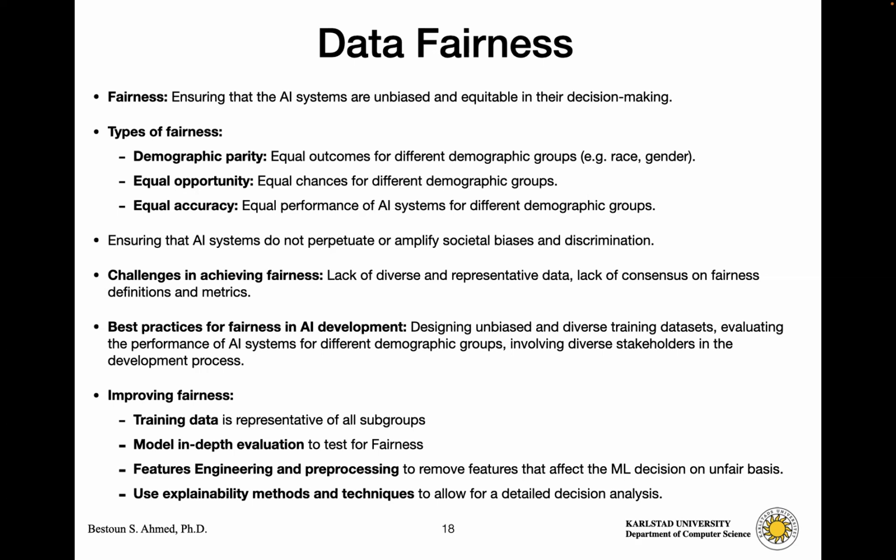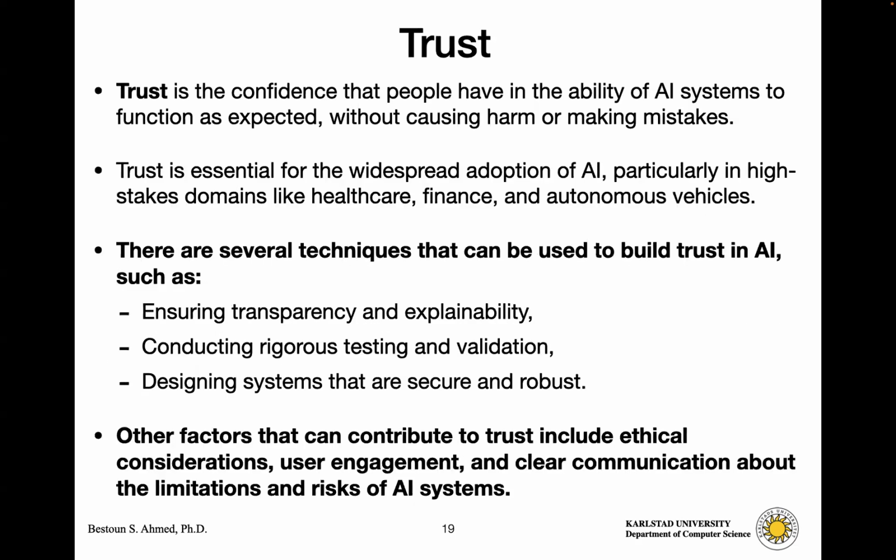Feature engineering and pre-processing, sometimes this will cause a lot of unfair decisions. So you have to make sure that you are removing some features, for example, that affect the decision, unfair decision. Explainability is very important to improve the decision and to understand that the decision is fair. Trust also goes with fairness and reliability, in the same direction.